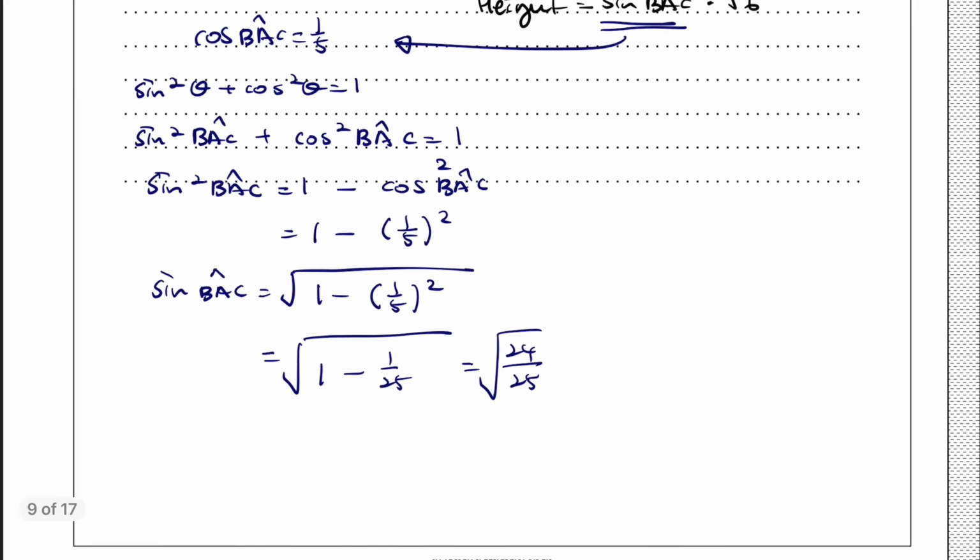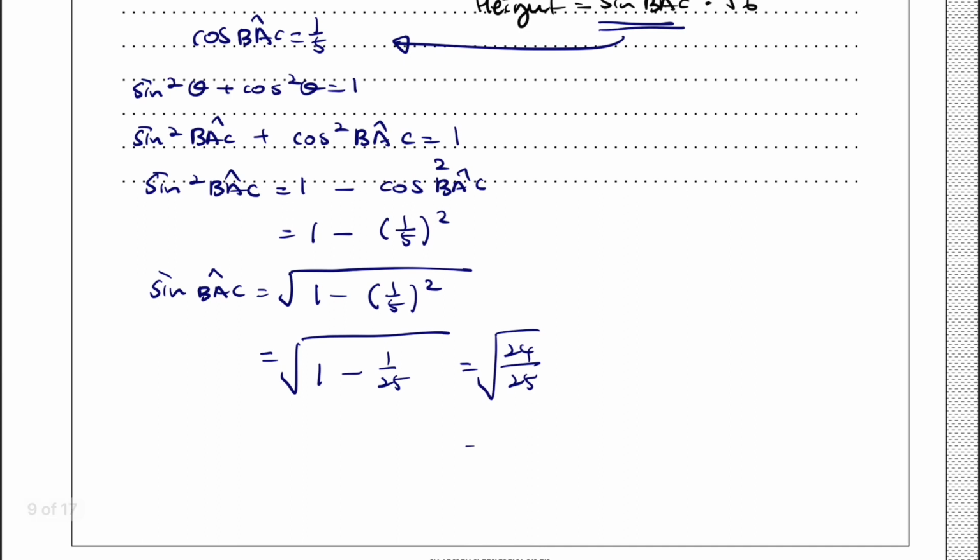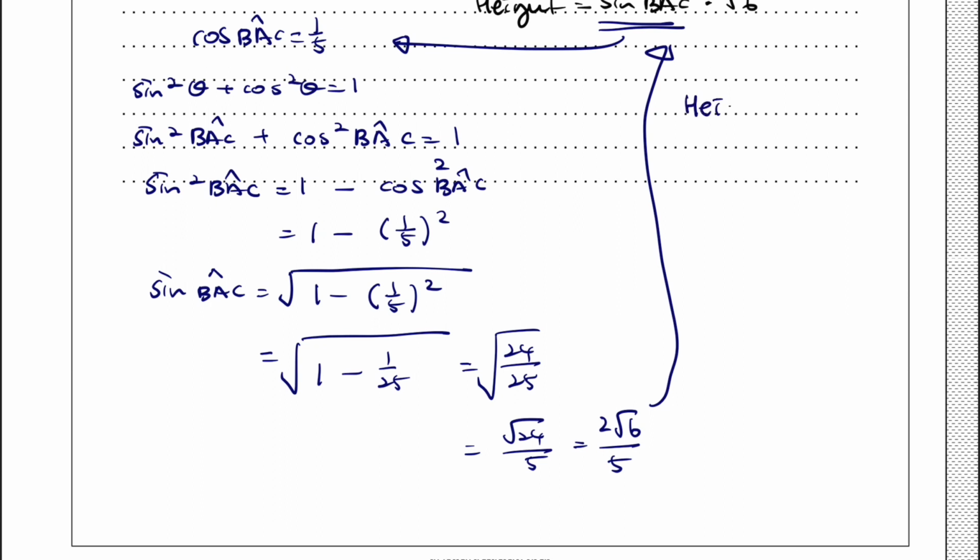And this can be simplified as square root 24 over 5, or we can also rewrite this as 2 square root 6 over 5. Then substituting this back into this equation will give us the height. Then the height is the same as 2 times square root 6 over 5 times square root 6, and this is the same as 2 times 6 over 5, and this is the same as 12 over 5.